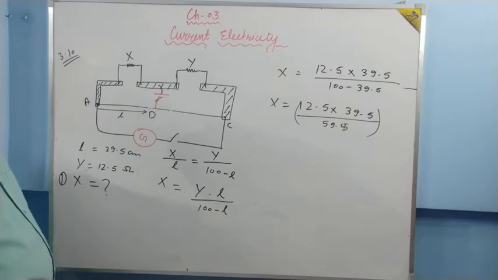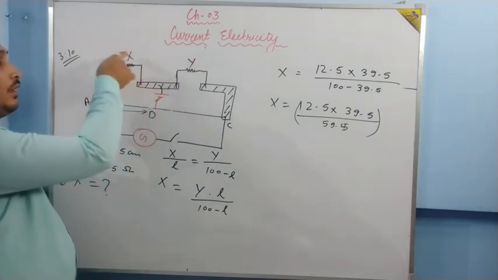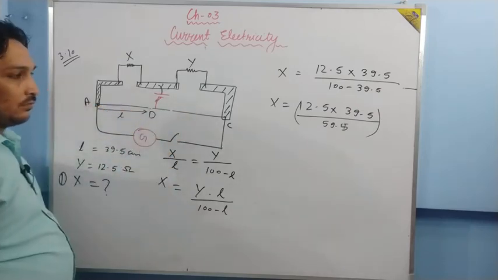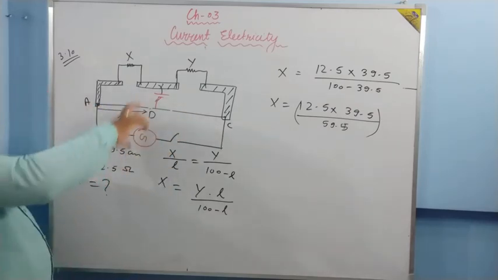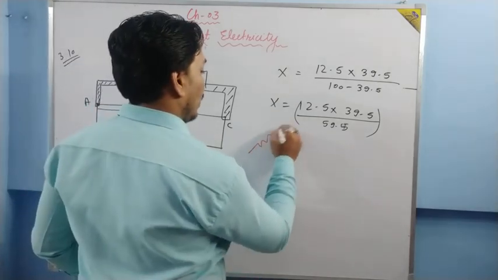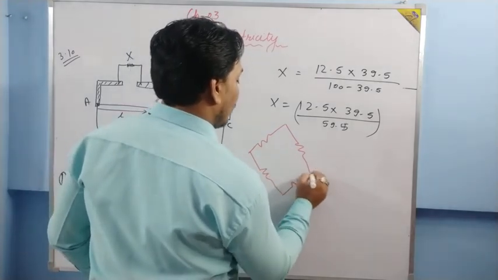Now just try to understand. From here the current will go, it will divide into X and Y, then after, it will go in this wire. If the cell and galvanometer are interchanged, basically they will make no difference. You can understand this by this diagram.